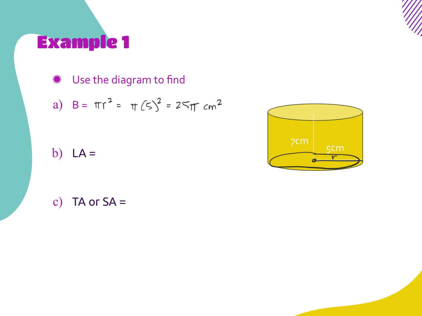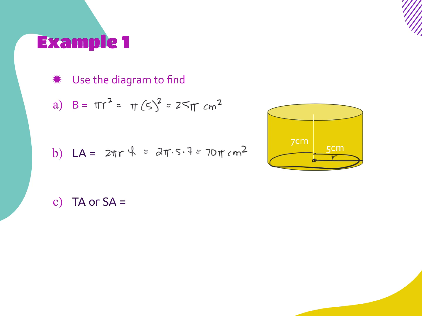When we do lateral area, it's the circumference, 2 pi r, times the height. Since r is 5 and the height is 7, we've got 70 pi centimeters squared.